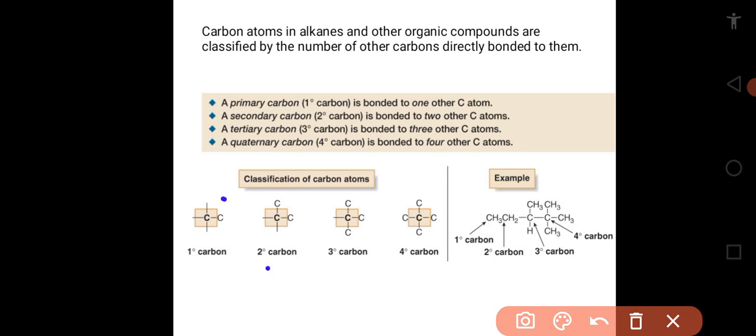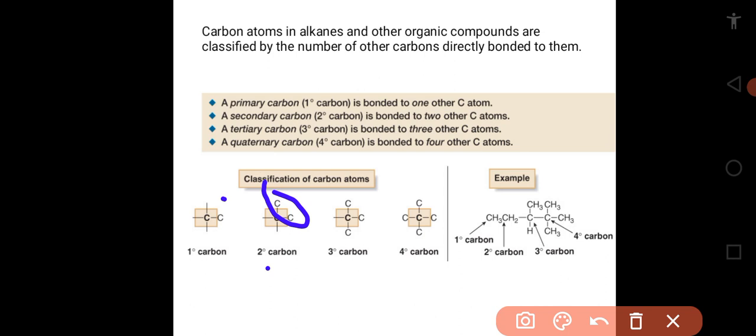Look at the secondary carbon: the central carbon, the one in bold, is attached to two different carbons, so we call it secondary carbon. The tertiary carbon is the carbon attached to three different carbons, while the quaternary carbon is the carbon connected directly to 4 carbon atoms.